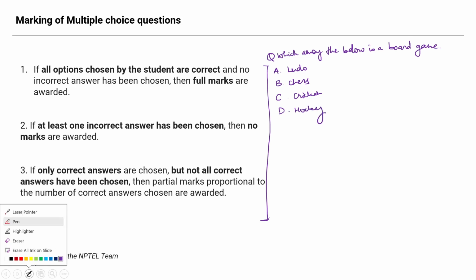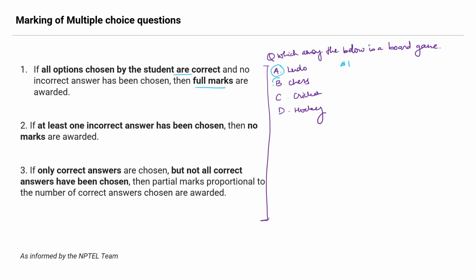Okay. And let's take scenarios one by one so that we understand. Scenario one says, if all the options chosen by the student are correct, then full marks are to be awarded. So here we can see the correct answers are A and B. If I select option A, option B, and I submit, I will get full marks.